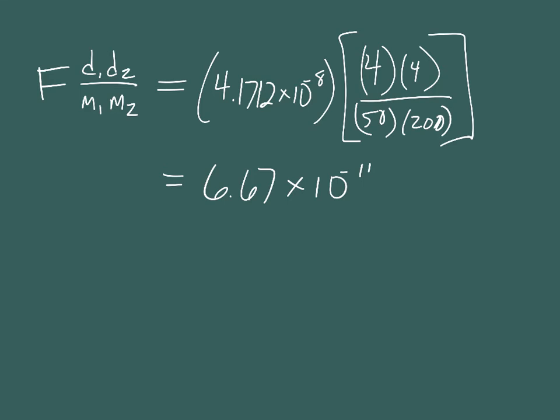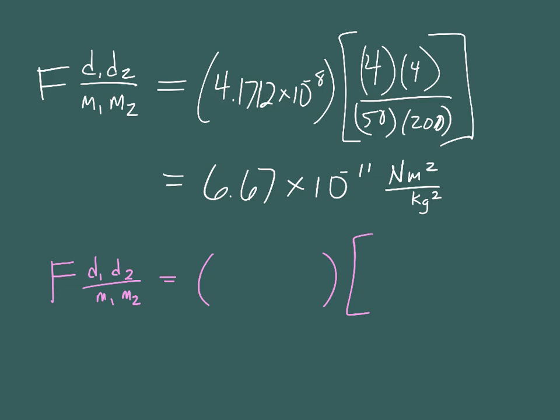Now the units are going to be Newton meter squared per kilogram squared, because you have a force and two distances per kilogram squared. That'll be the units of this thing. Now if I take the other force, distance, mass pairs, then I get some of the same numbers.